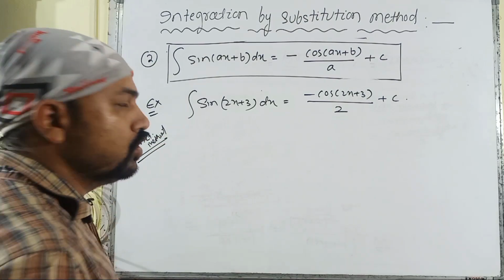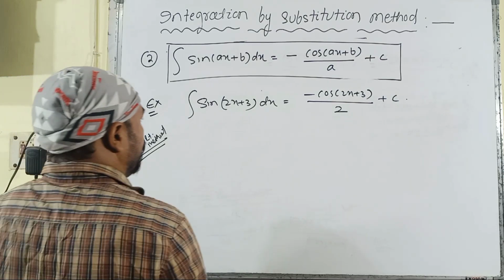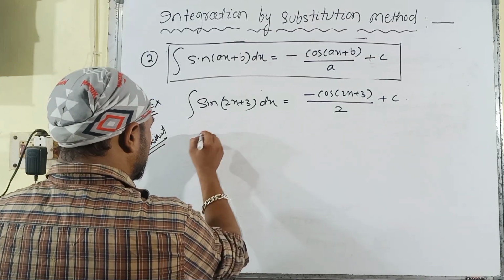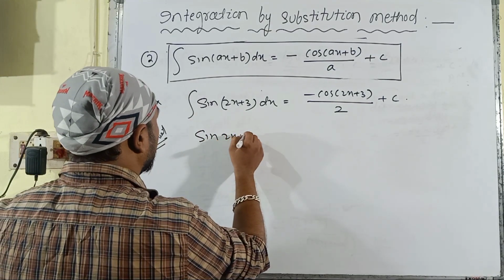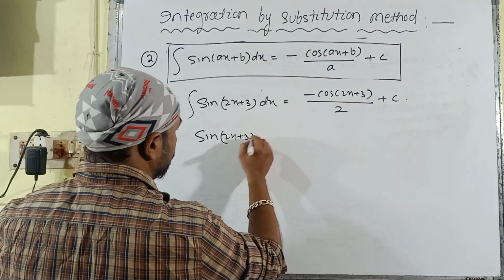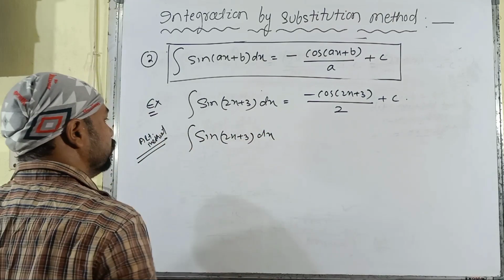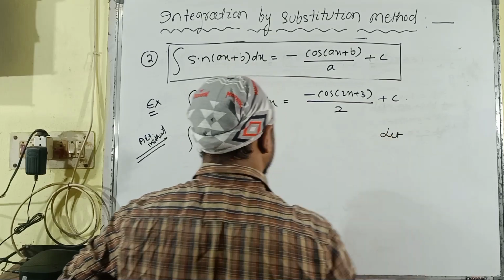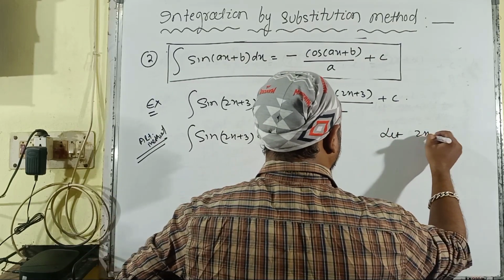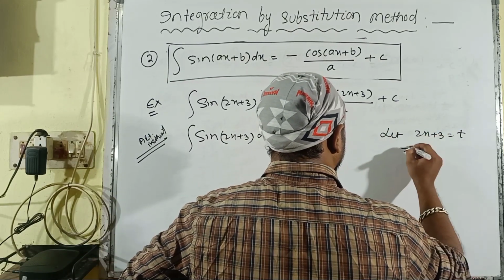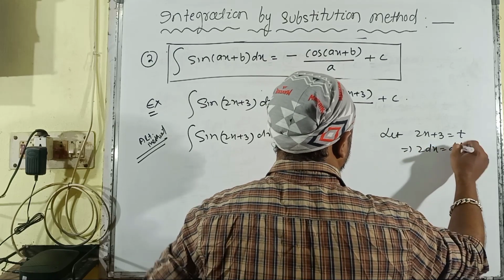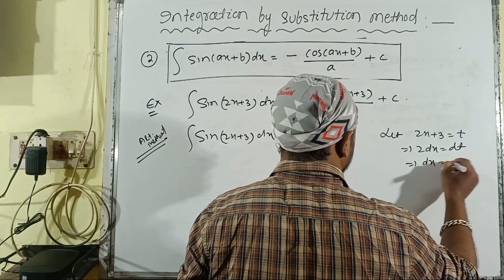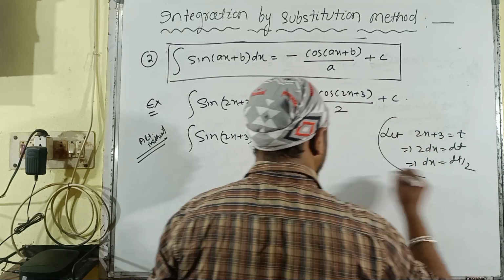The alternative method is to prove this by using the substitution method. That means we substitute the function 2x + 3 as t. So sin(2x + 3) dx, let 2x + 3 be t, then 2 dx is equal to dt, then dx is equal to dt divided by 2.